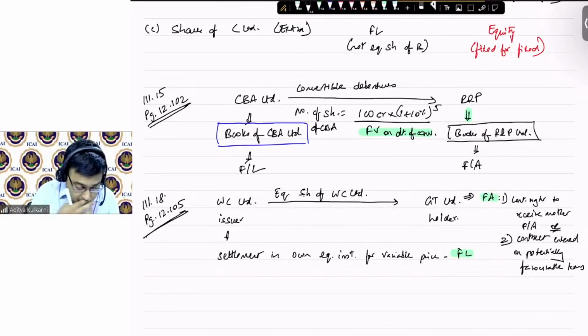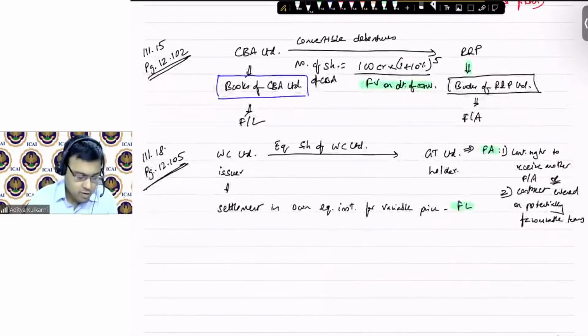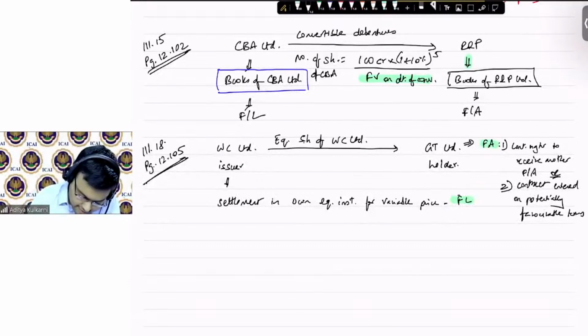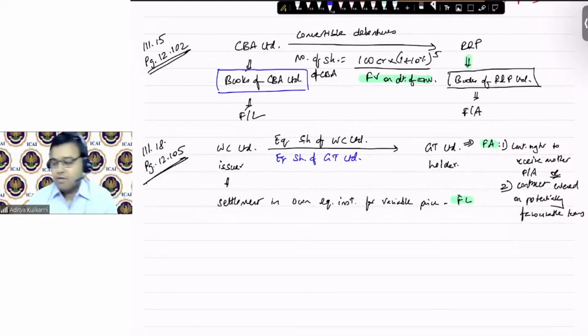Now, suppose I turn around the question, and we say that this is the extra part, equity shares of GT Limited instead of WC. If it is equity shares of GT Limited, what do you think? The remaining facts are the same.